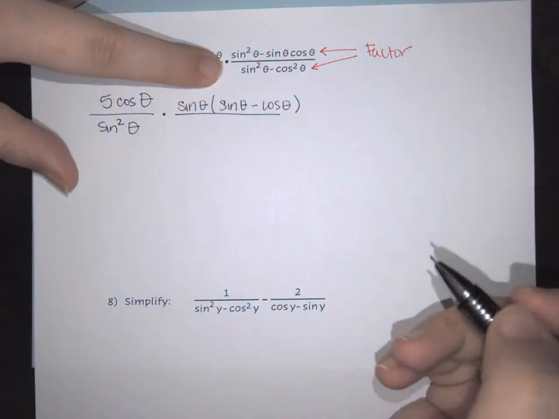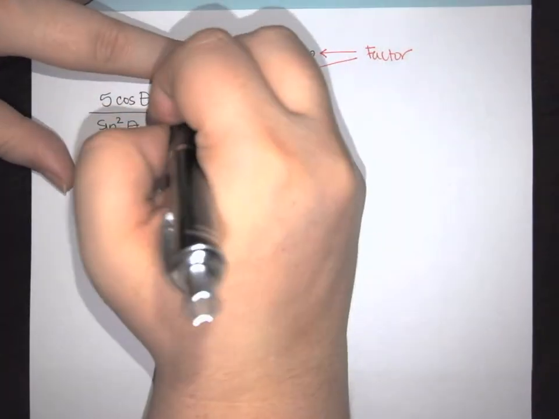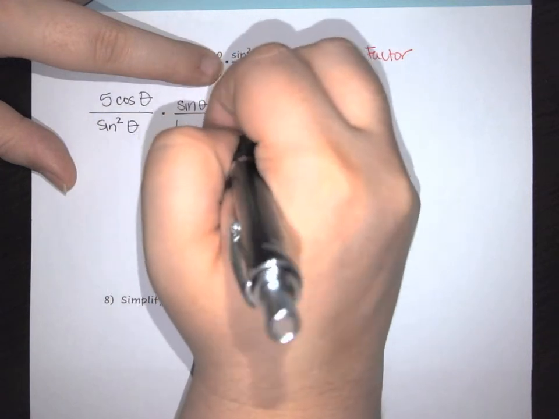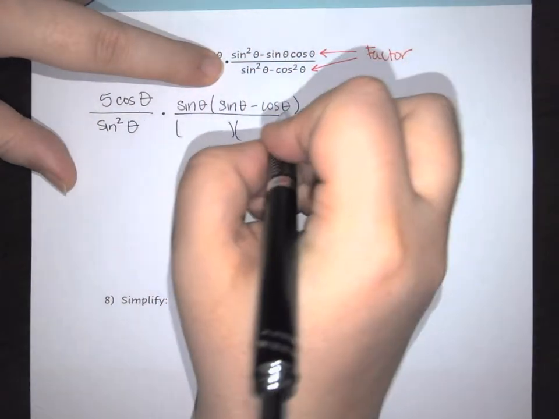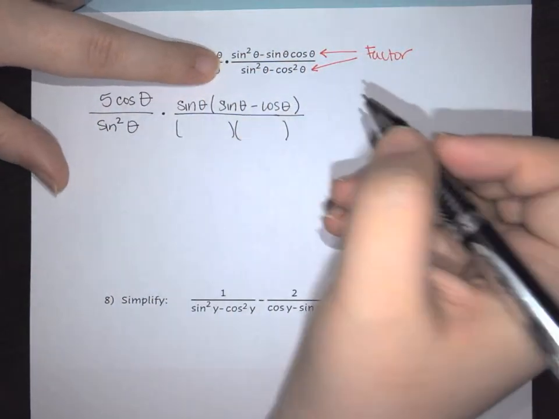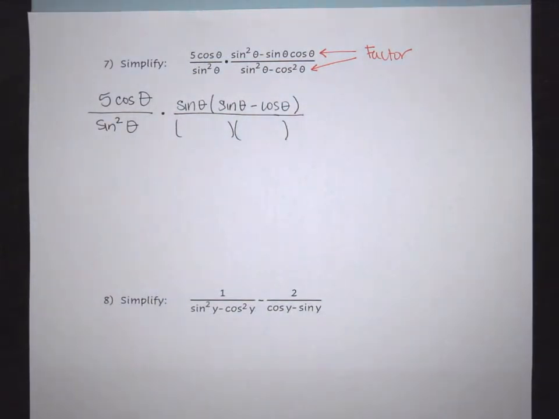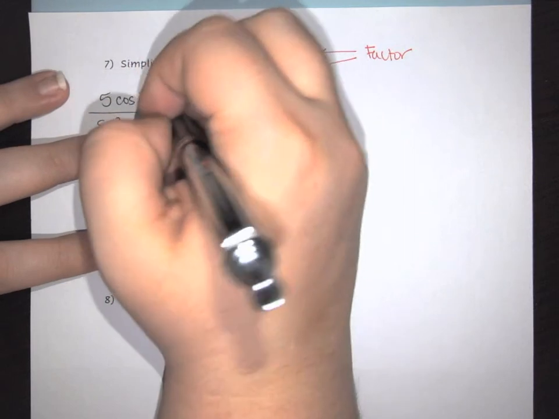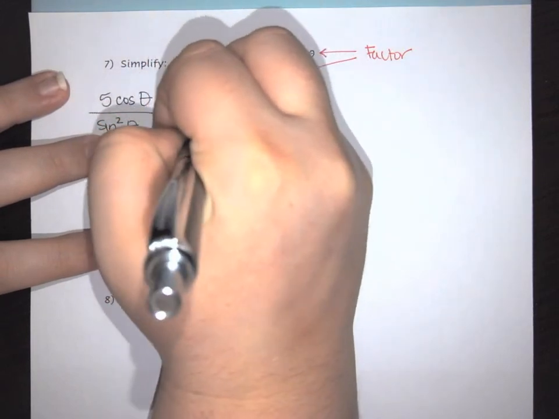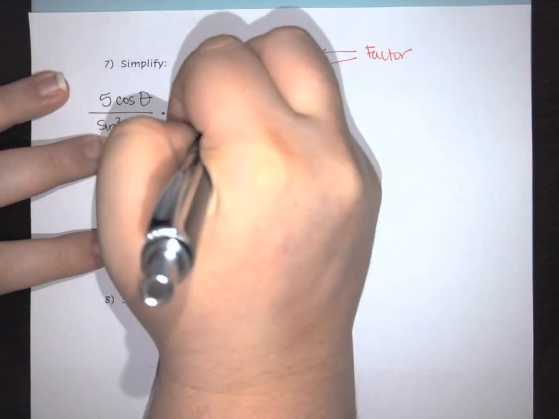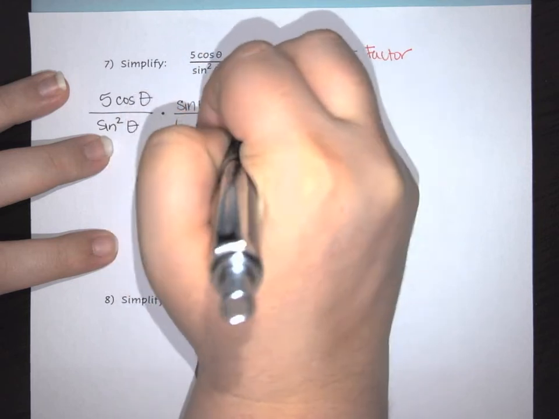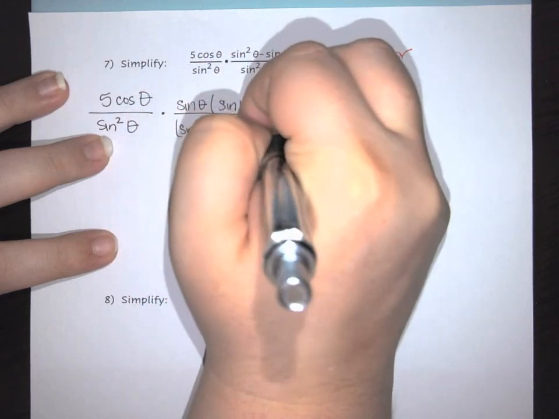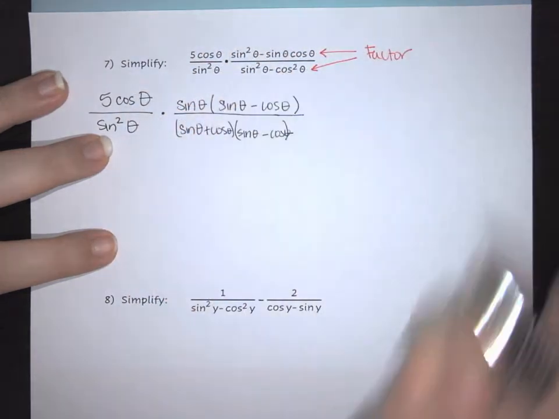And then on the bottom, I actually have a perfect square, or difference of squares. And so this is actually going to become sine of theta plus my cosine and my sine of theta minus my cosine.